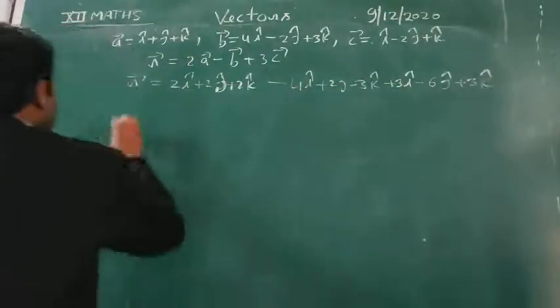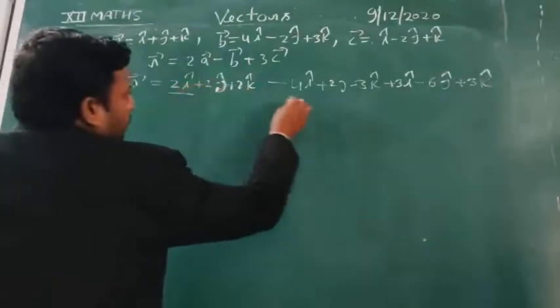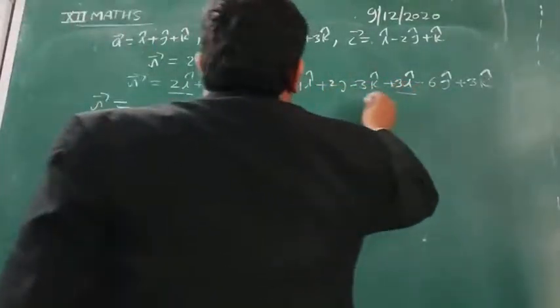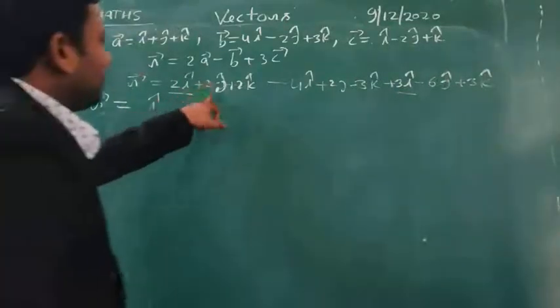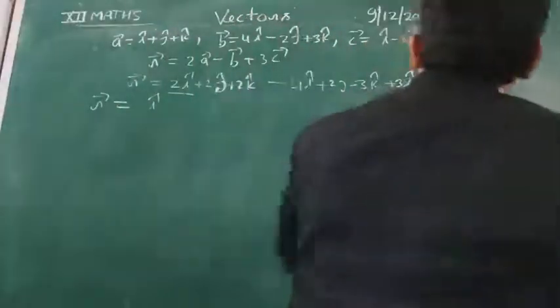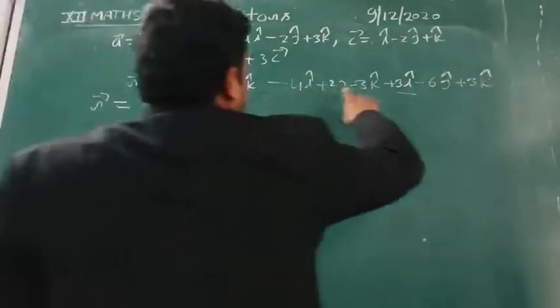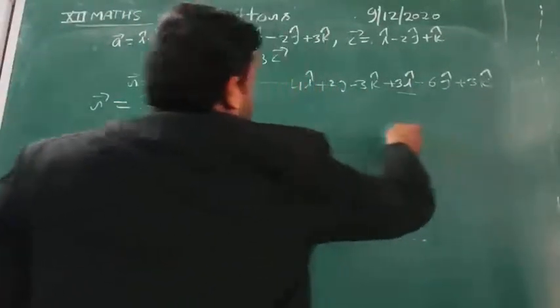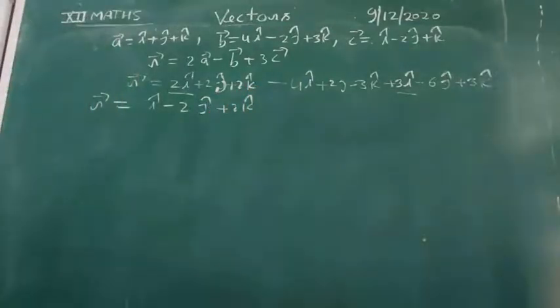Okay, so r is equal to: 2 and 3 is 5, minus 4, i; 2j and 2j is 4j, minus 6j, minus 2j; 2k minus 3k minus k, and plus 3k plus 2k. So vector r is i minus 2j plus 2k.